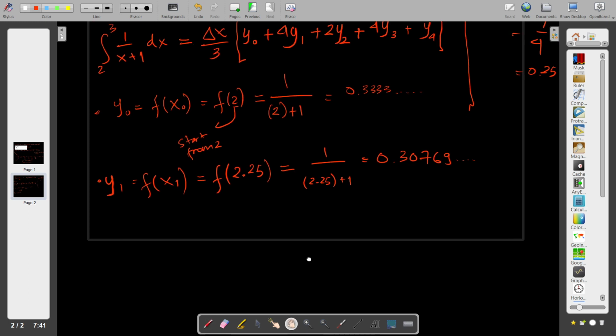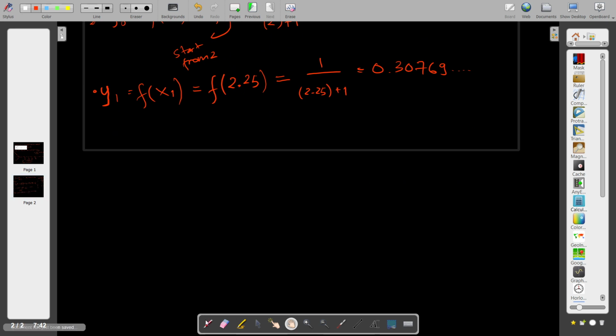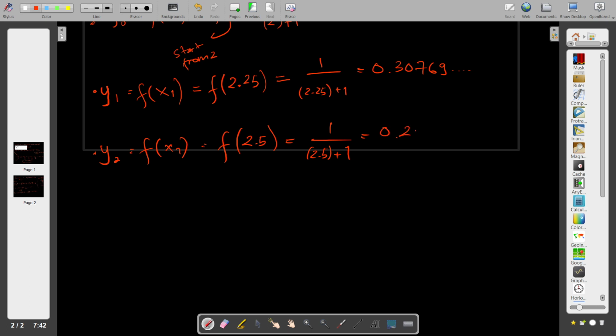And then for y2, it must be f(x2), f(2 plus 0.25 plus 0.25), so it must be 2.5. So 1 over 2.5 plus 1, and I get 0.28285 and so on.